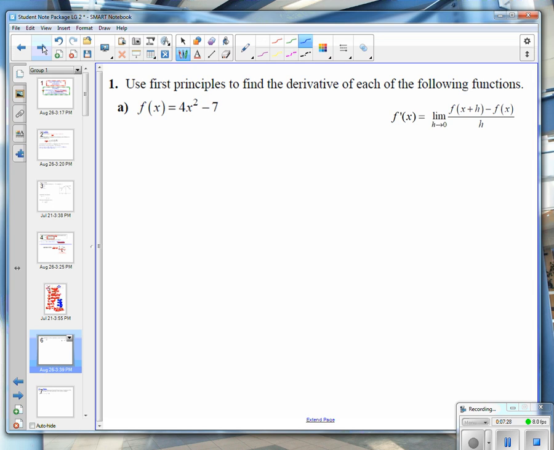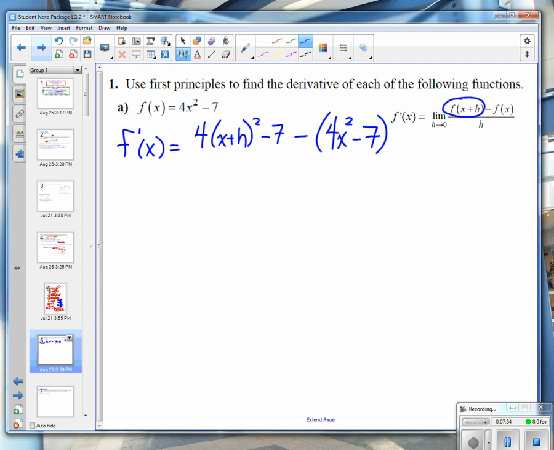So I've got my formula written over there. So I've got my function in terms of x plus h, first of all. So that means I've got 4 times x plus h squared minus 7. And then I'm subtracting, and don't forget to use your bracket here, my original function, which is just 4x squared minus 7.